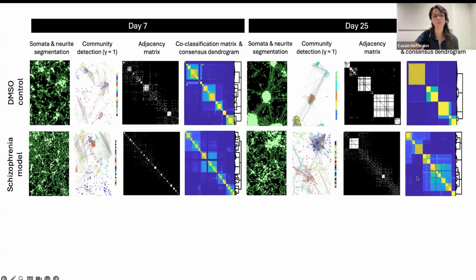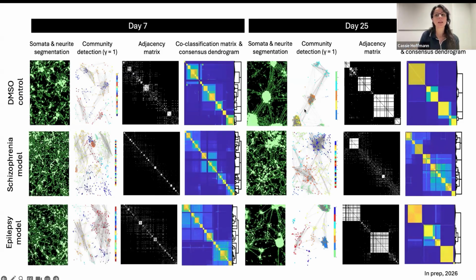And then in alignment with the consistent disorganization in the schizophrenia model, we have quite an irregular co-classification matrix across both time points. The epilepsy model was in the middle of these two models. We got self-organization, and these robust blocks emerging in the co-classification matrix.